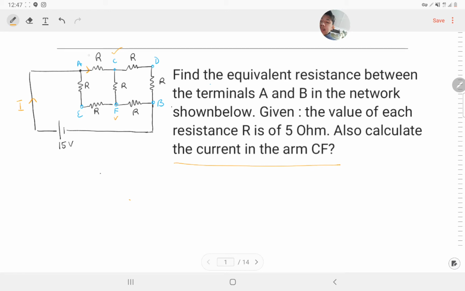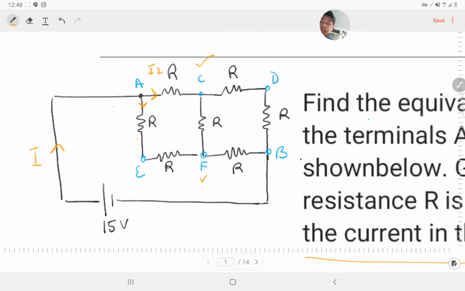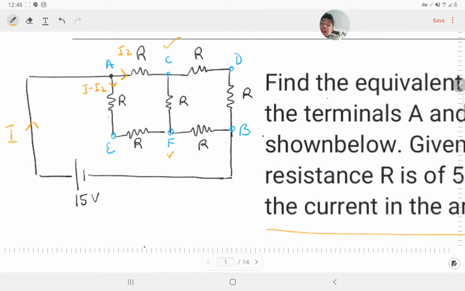Let's say this is I2. It is breaking at junction A into I2. That means the current in this direction is going to be I minus I2. Simple. So current I minus I2 is traveling up to this point.